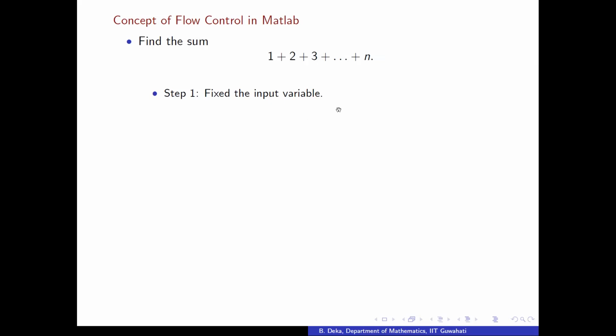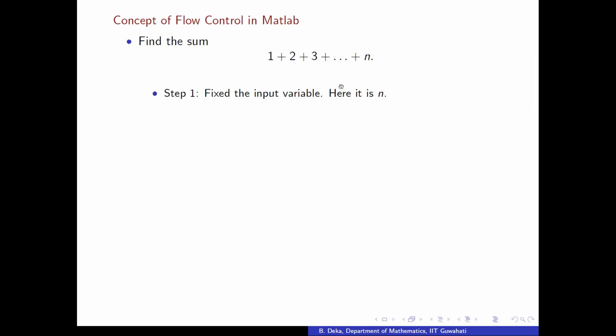So in the expression, n is not known to MATLAB. Therefore, you have to incorporate that n first. That means fix the input variable. Here our input variable should be n. That means I wish to add the first 100 natural numbers, or the first 10,000 natural numbers. That has to be fixed in the very beginning.